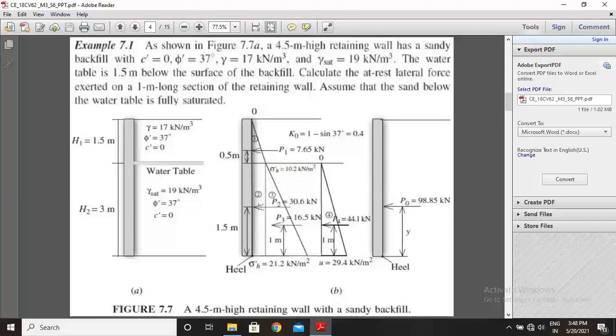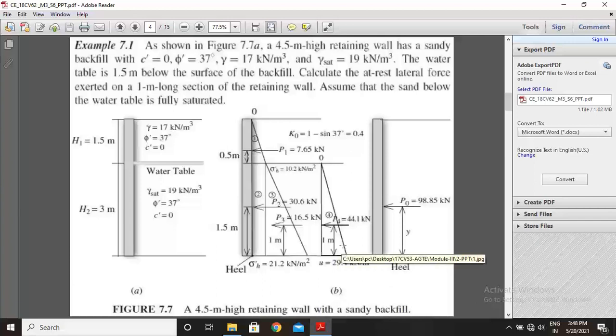This is diagram 2, and the third diagram is this backfill due to H2 depth of height. This is the pressure distribution diagrams. This is third. And the fourth one is the pressure distribution diagram due to water, that is triangular. The water table is at a depth of H2.